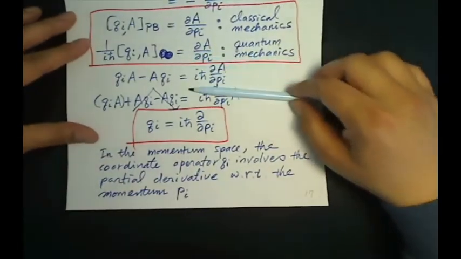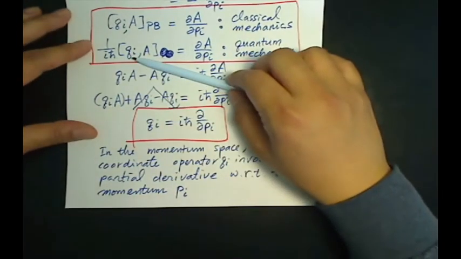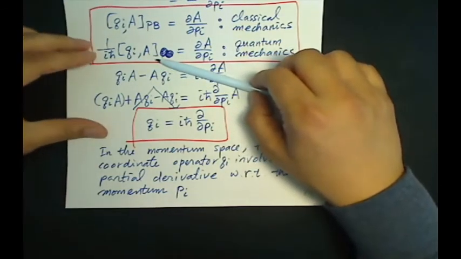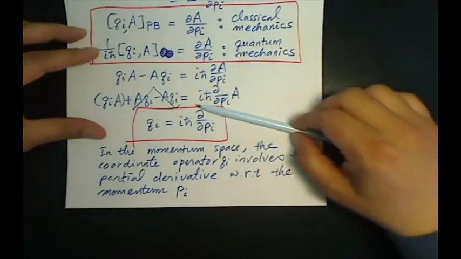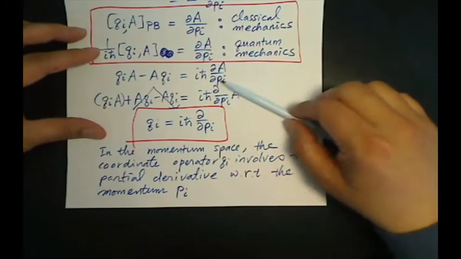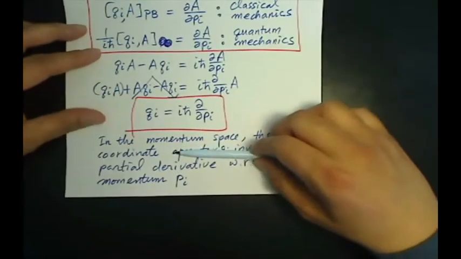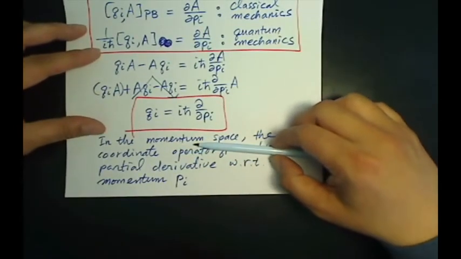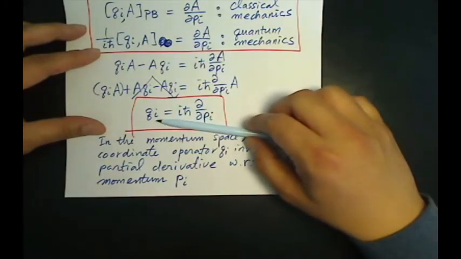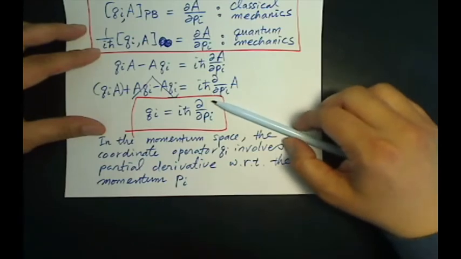Therefore, in a similar manner, we find that the operation of the coordinate operator q on any mechanical variable is to multiply by i h bar and take the partial derivative with respect to the canonical momentum conjugate to that coordinate. This is the momentum space representation for the coordinate operator, expressed in terms of the momentum's derivative.